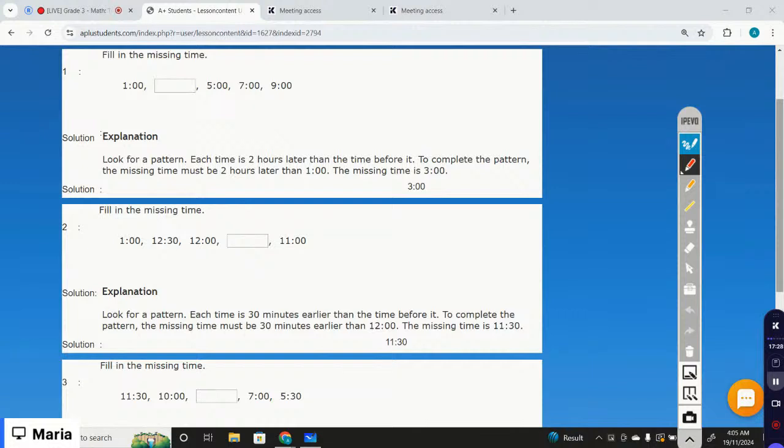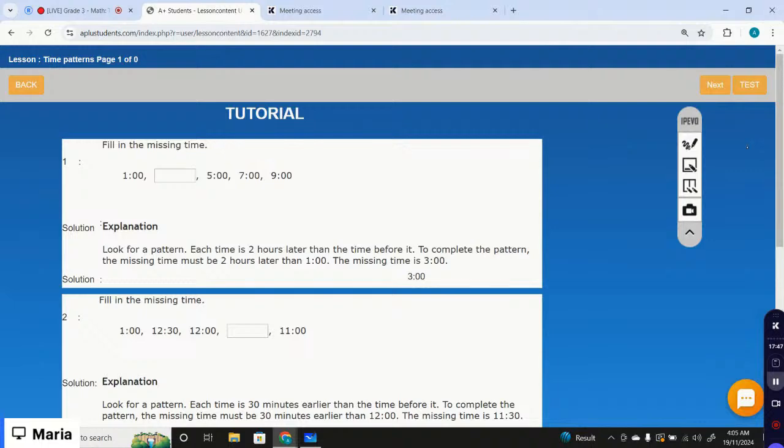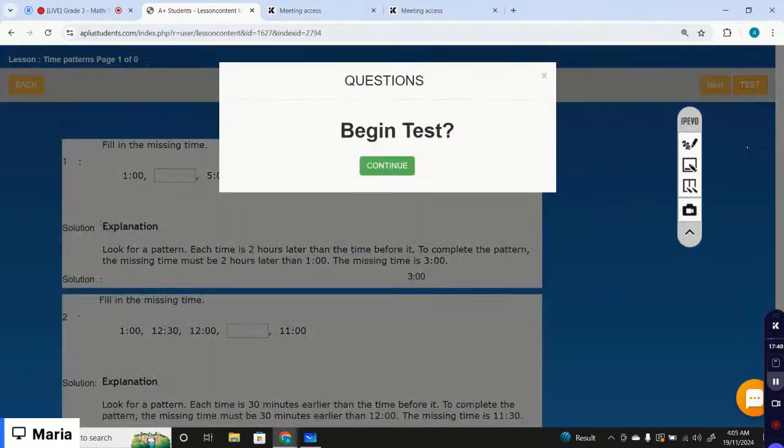You have 1, then minus 30 minutes make 12:30. Then again minus 30 minutes make 12. Again you have to subtract 30 minutes, so you end up on 11:30. Let's just start with the test questions.